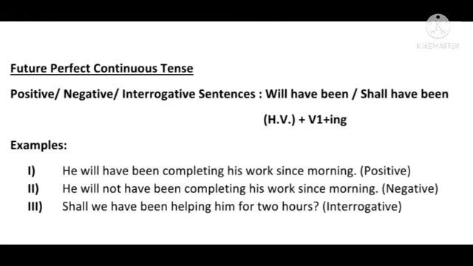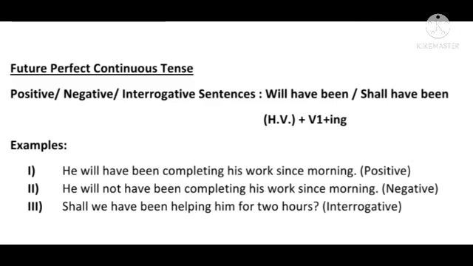Children, in perfect continuous tense, whether it is present perfect continuous or past perfect continuous or future perfect continuous tense, we use since or for to show the time. When do we use since and when do we use for? We use since with point of time and we use for with period of time. Let me explain it.